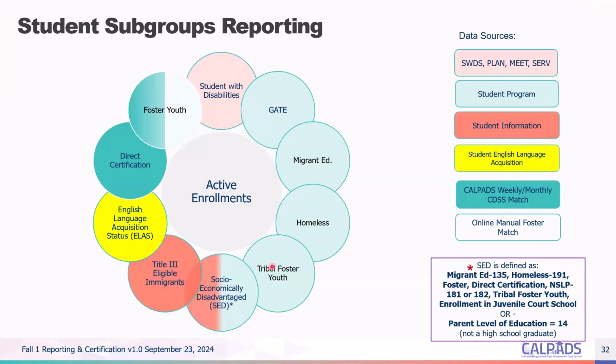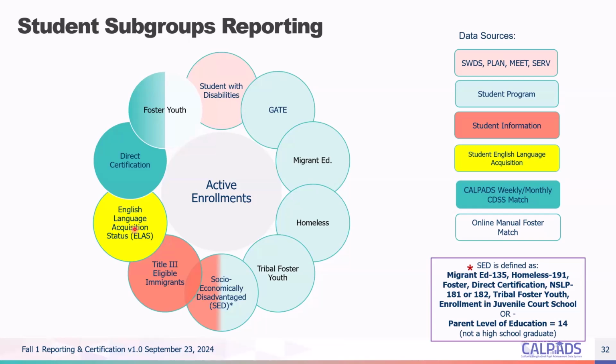And so that's for the socioeconomically disadvantaged subgroup. Now for the Local Control Funding Formula, it would include everything here except the parent ed level. So the only difference between the socioeconomically disadvantaged and the LCFF is that you're just swapping the parent ed level with the EL status.